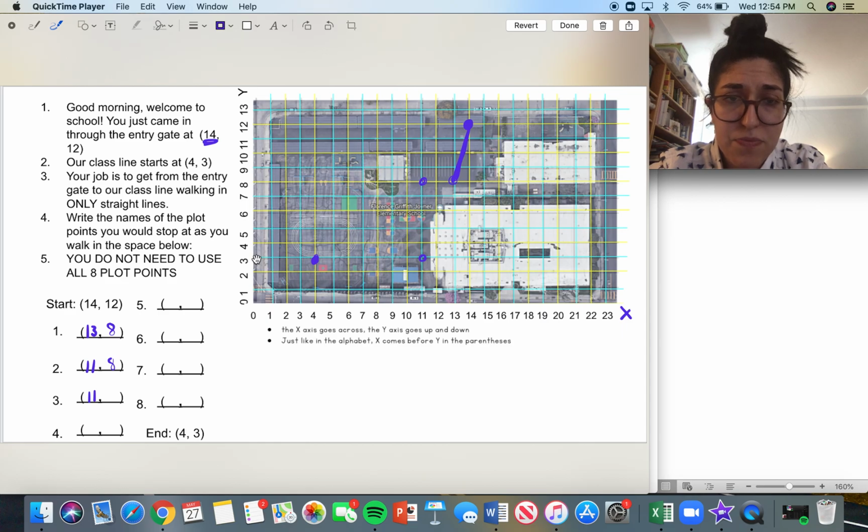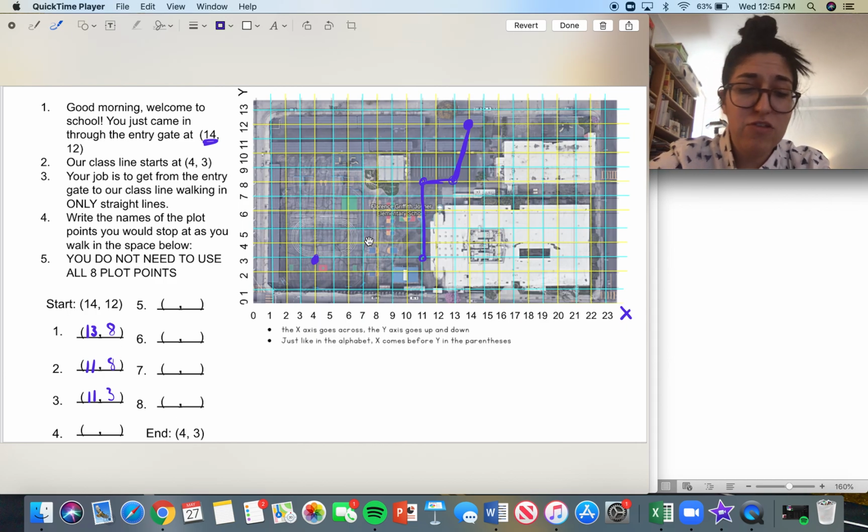But now my y-coordinate, how high up I am, I was at 8, now I'm all the way down at 3. So you get the idea: you're creating a path that someone could follow to get you from the entry gate to the start of our line. If you told them this, they would know how to get there. And that's your job.